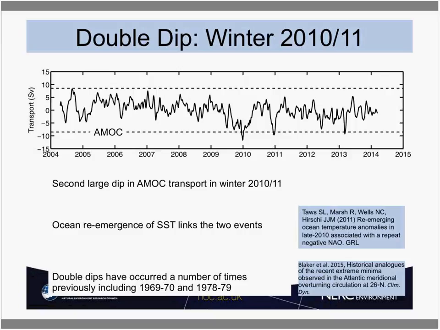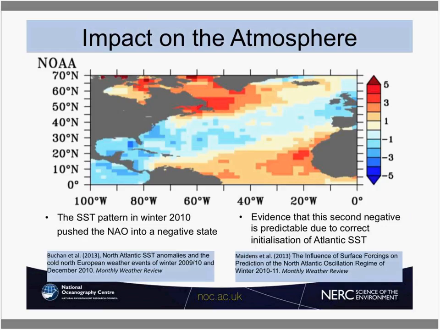Dips in the overturning circulation have occurred previously, including the winters of 69-70 and 78-79. These are all coincident with very cold winters in northwestern Europe. So the impact of the ocean on the atmosphere is something that we're really beginning to understand, which takes us into the real importance of why we make these measurements of the overturning circulation.